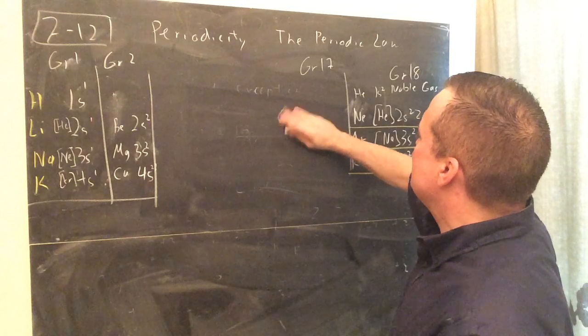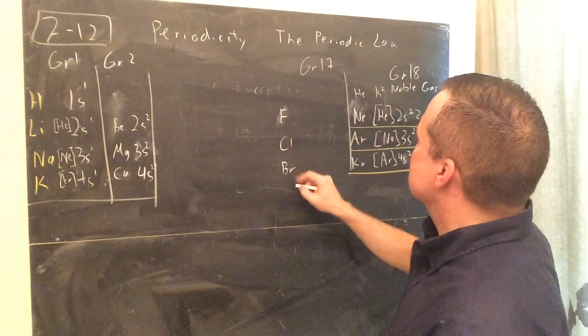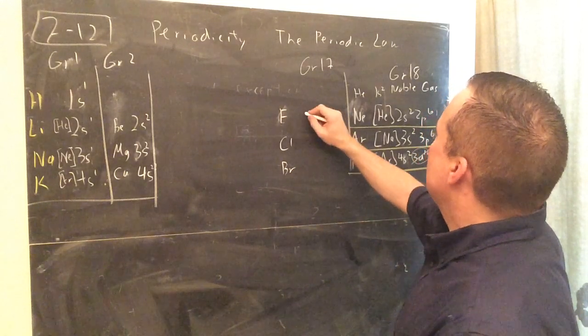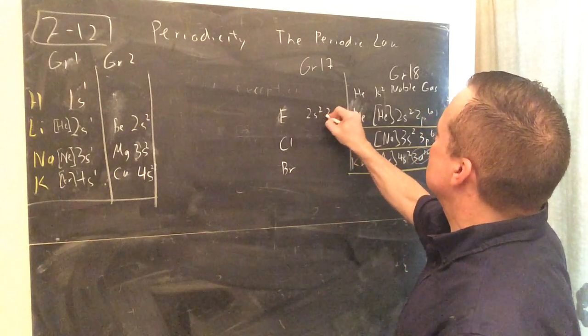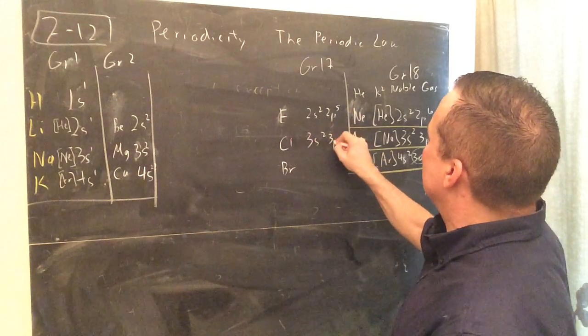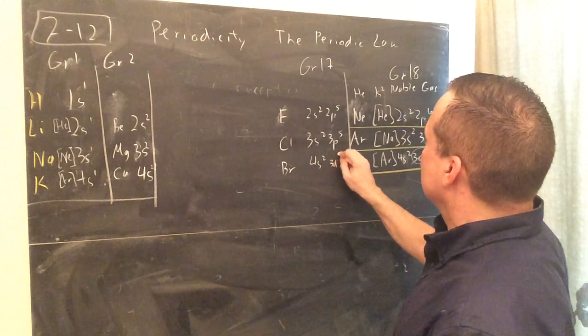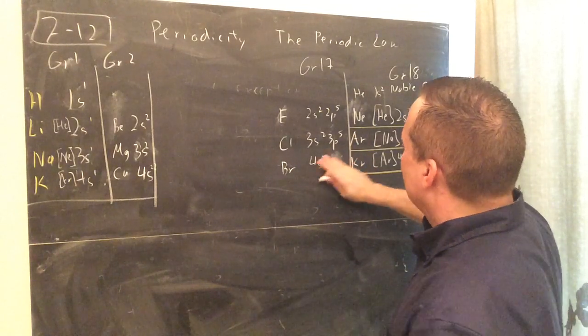We didn't do all of these. So fluorine, chlorine, bromine, that's going to be 2s2, 2p5, 3s2, 3p5, and 4s2, 3d10, 4p5. Oh well.